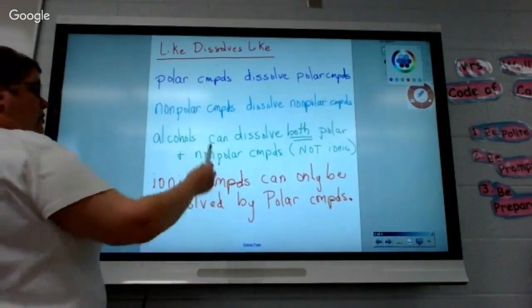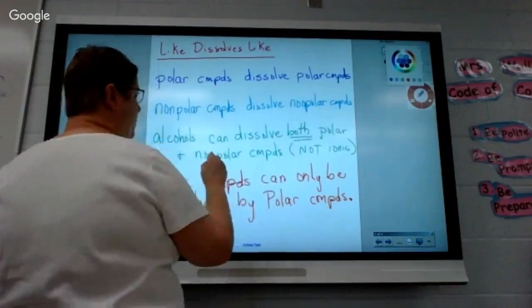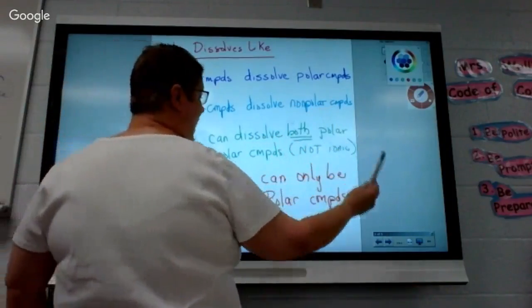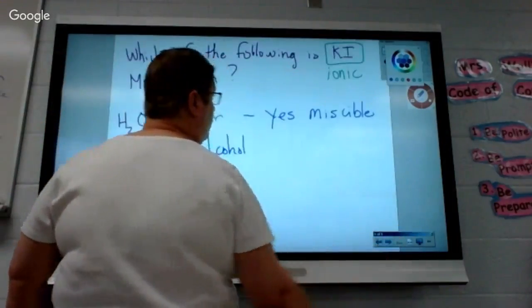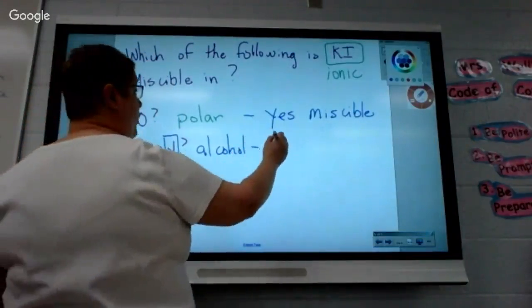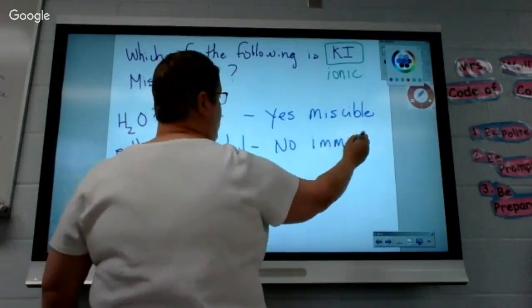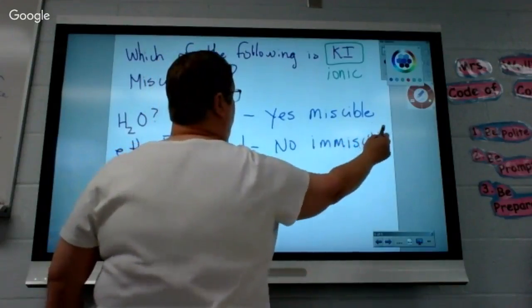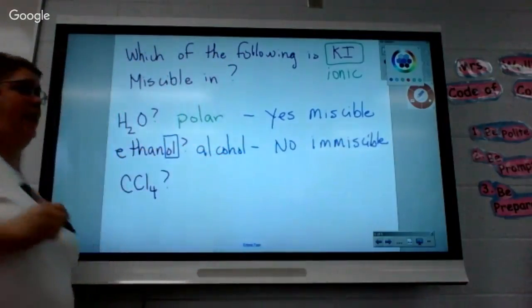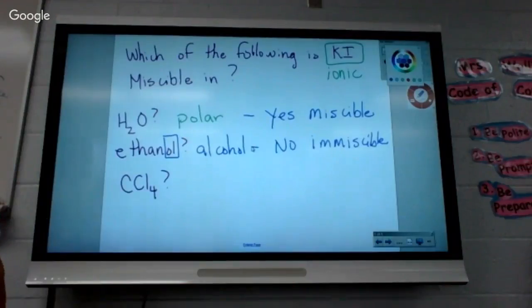All right, it will dissolve both polar and non-polar, not ionic. So, no, it is immiscible because it will not dissolve anything that's ionic. Okay, KI is ionic, will not dissolve ionic.